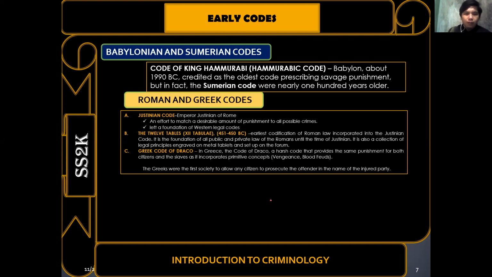Then we have the Greek Code of Draco. In Greece, the Code of Draco provides harsh punishment. That's why it is considered a harsh code that provides the same punishment for both citizens and slaves, and incorporates primitive concepts like vengeance and blood feuds.